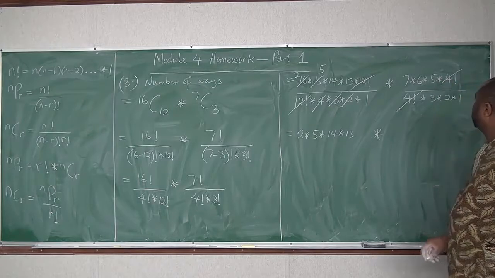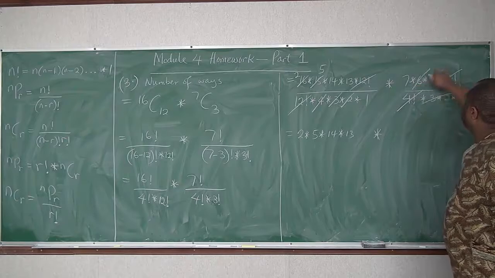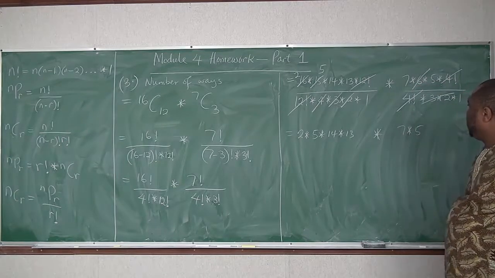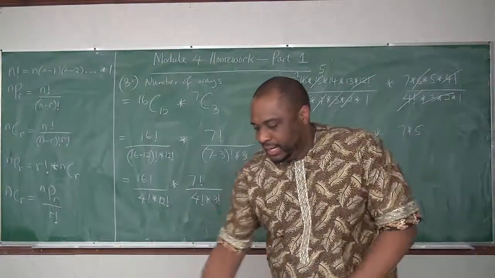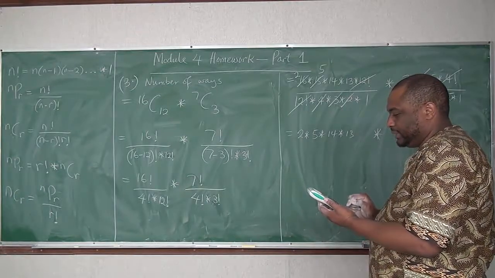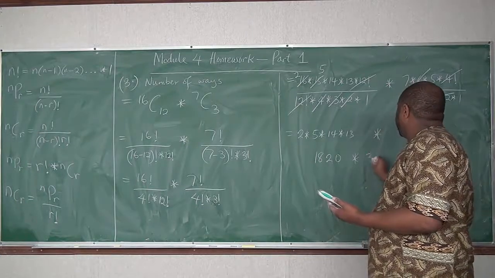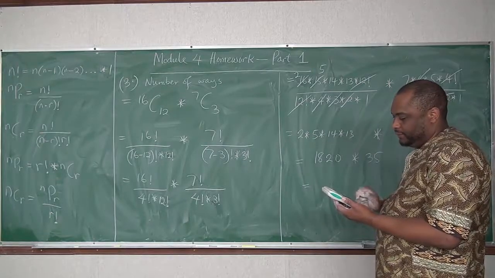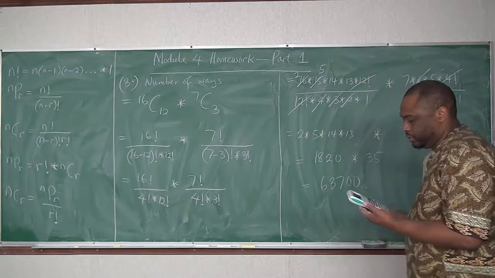Bam, bam. That's gone. 3 times 2 is 6. So I have 7 times 5. So 2 times 5 is 10 times 14, 140 times 13. So I have 1820 times 35. And that gives me 63,700 ways.